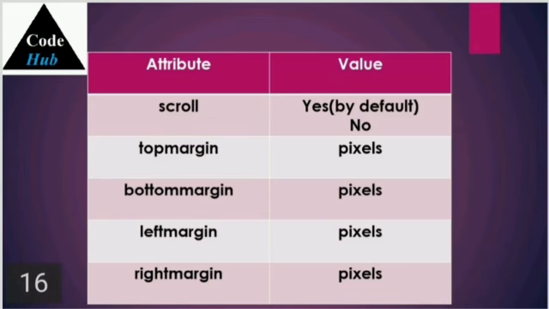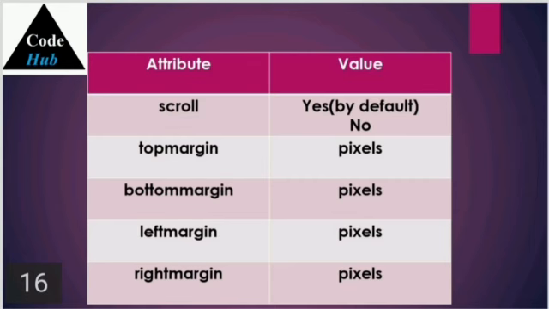Next is topmargin, whose value is in pixels. This attribute creates empty space at the top. Next is bottommargin, valued in pixels, which determines the empty space at the bottom. Next are leftmargin and rightmargin, whose values are in pixels.